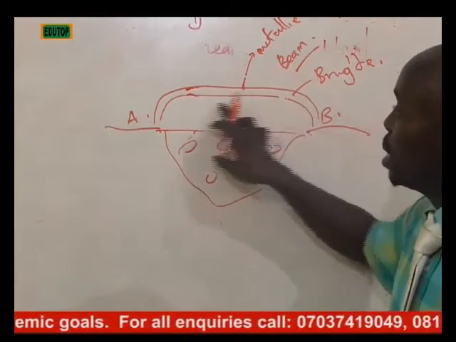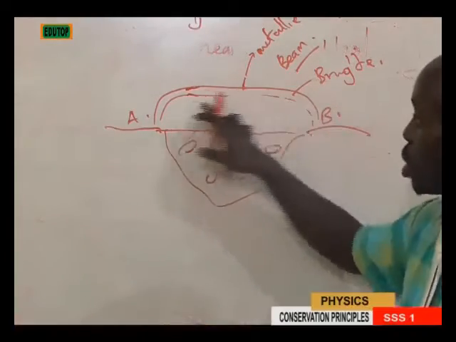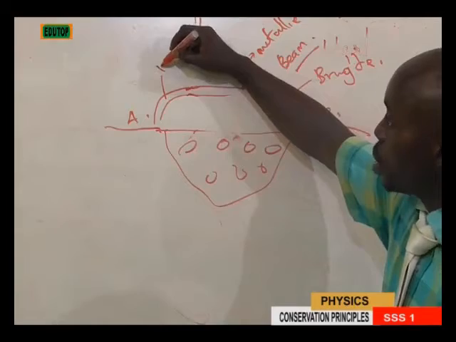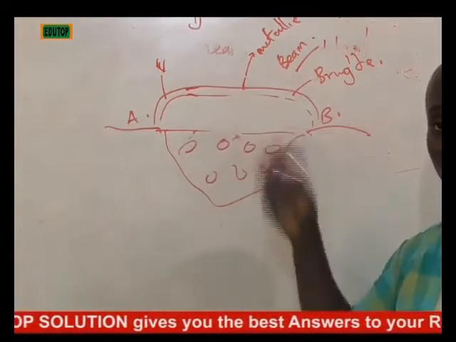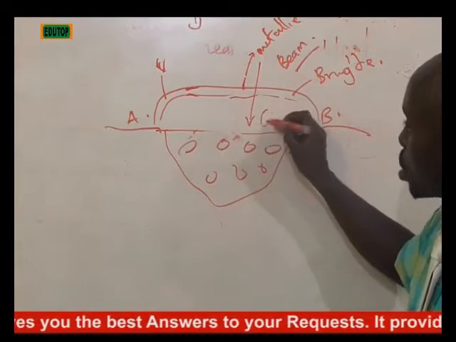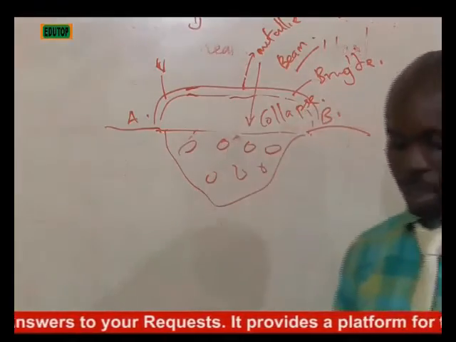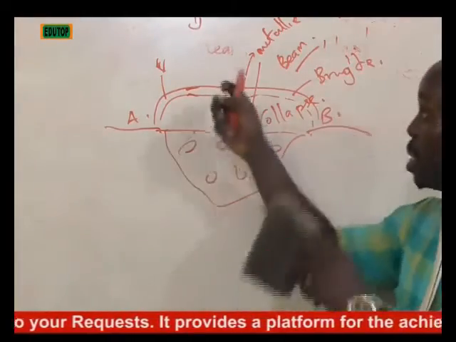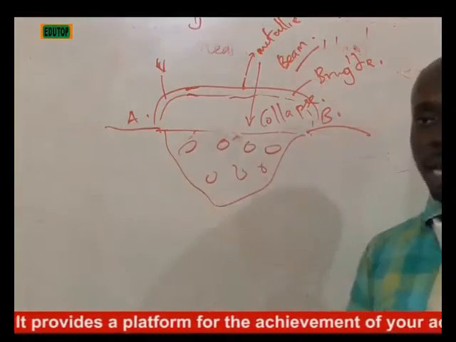So immediately this bridge is experiencing expansion, you realize that the strength of this bridge is actually dropping. So due to expansion, a bridge can collapse. Why? Because heat from the sun is actually being sent on this bridge, and if it is not maintained, it could collapse as time goes on.